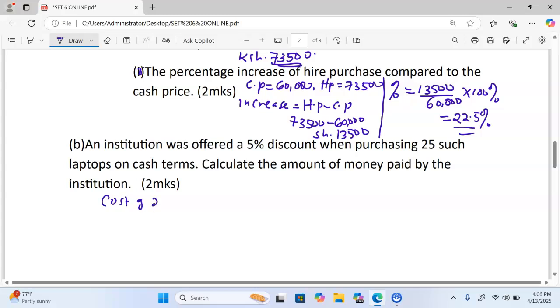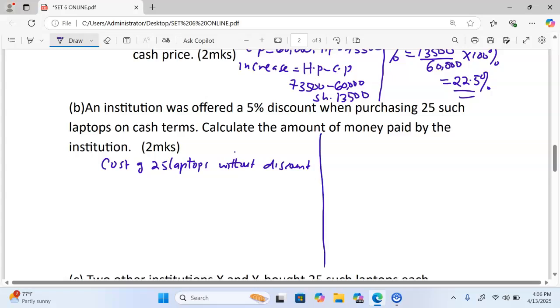Cost of 25 laptops without discount is going to be 60,000 multiplied by the number of laptops, and this is going to give us an amount equivalent to 1,500,000.